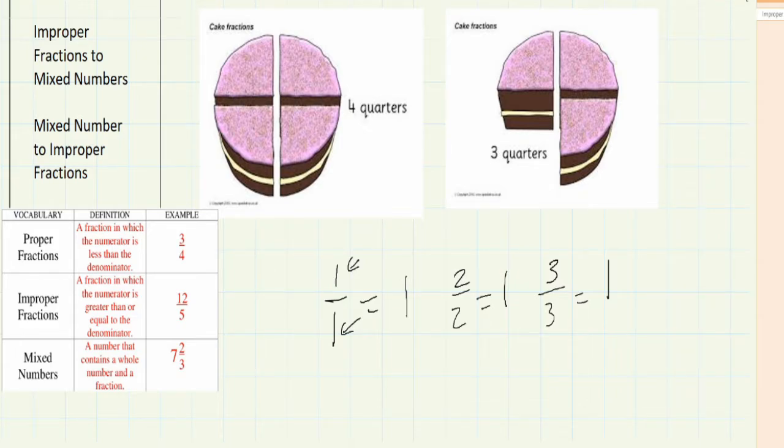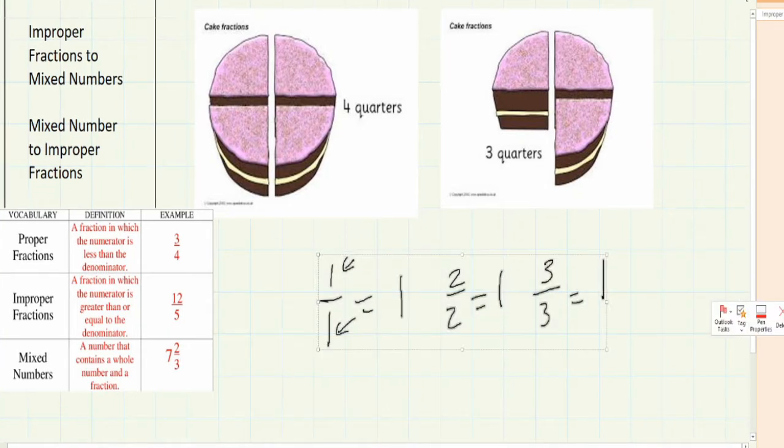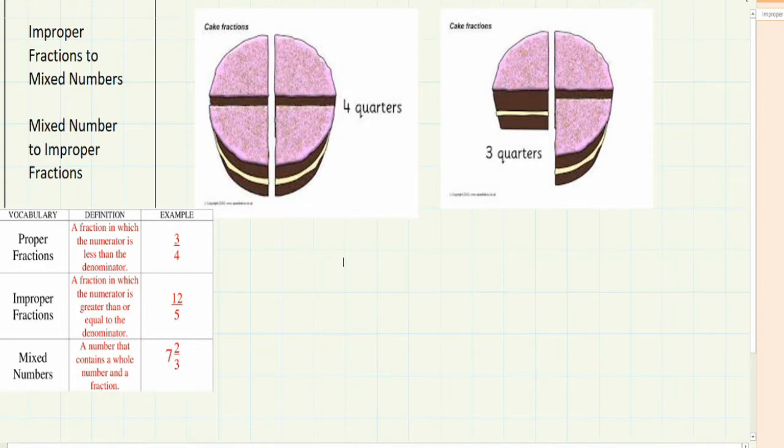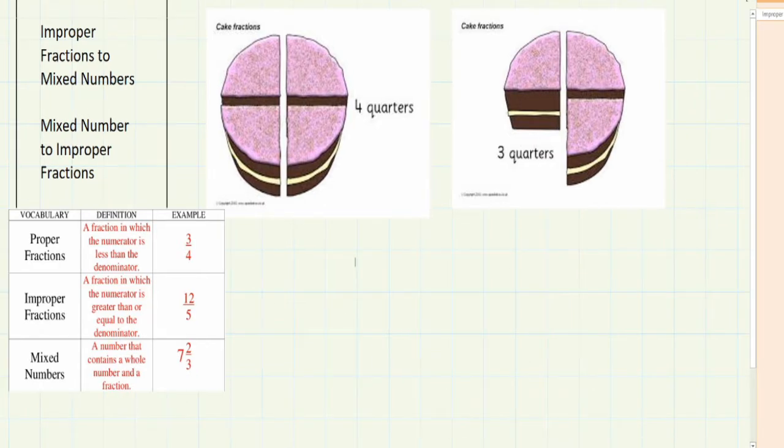So that is vitally important moving into this part of the lesson now. We're going to be looking at improper fractions and mixed numbers. And I think the most important thing to note is to understand what would make 1 whole. And once you do that, you'll be absolutely fine. I promise you. Let's move on to these 2 pictures over here, which I think best describe what we're going to be doing today.